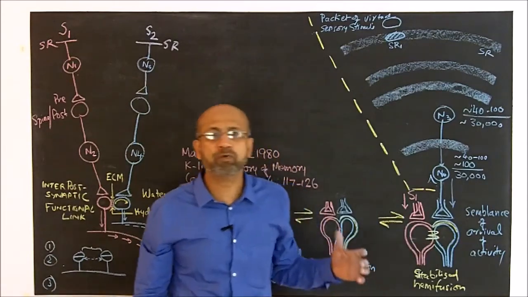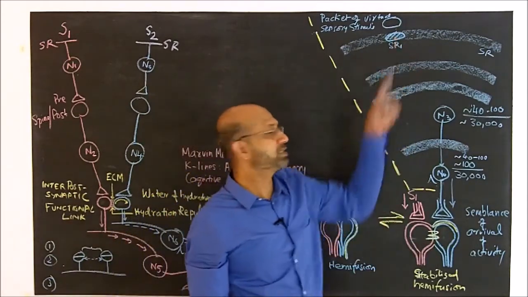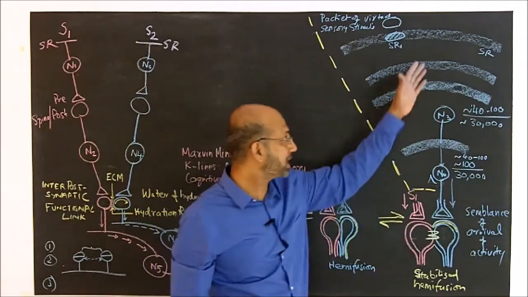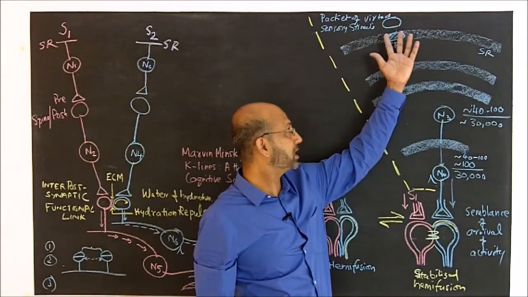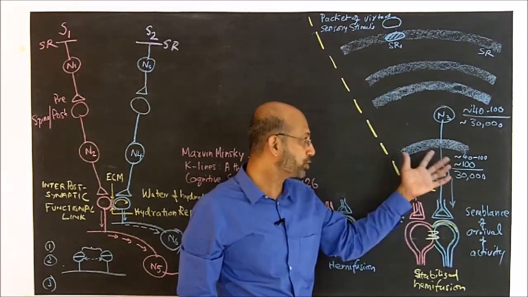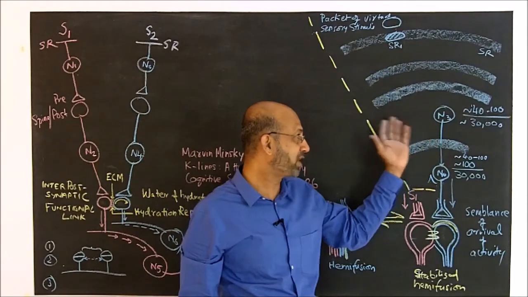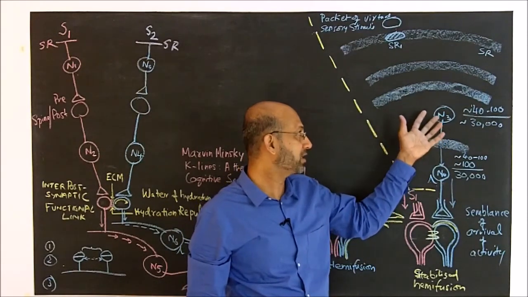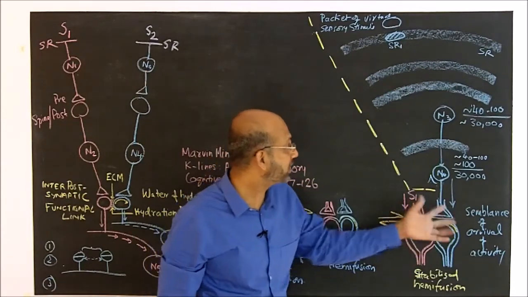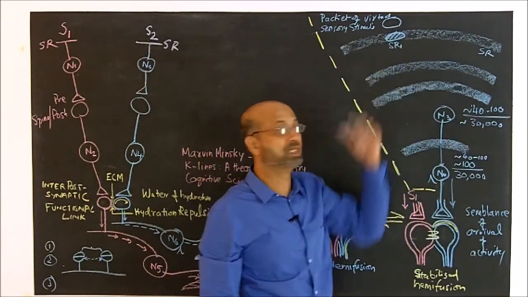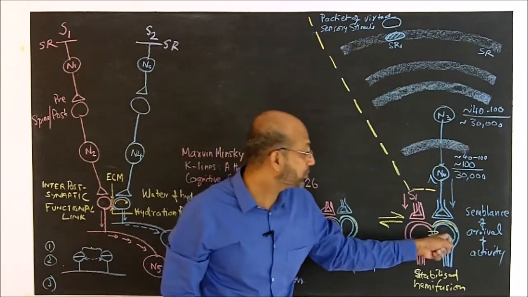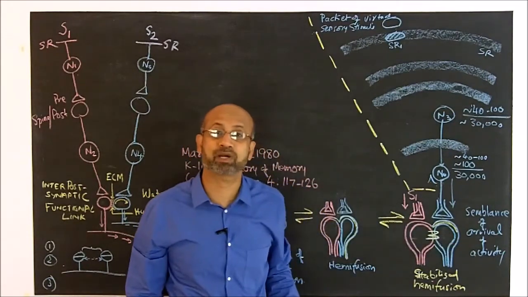Now the question is, how do we know about this sensory receptor subset? If we know the existing synaptic connections from the sensory receptor level all the way up to this dendritic spine, and if we also know the interpostsynaptic functional links that exist at these neuronal orders, then we can extrapolate and find out the minimum sensory receptor units whose activation can lead to the depolarization of this dendritic spine.